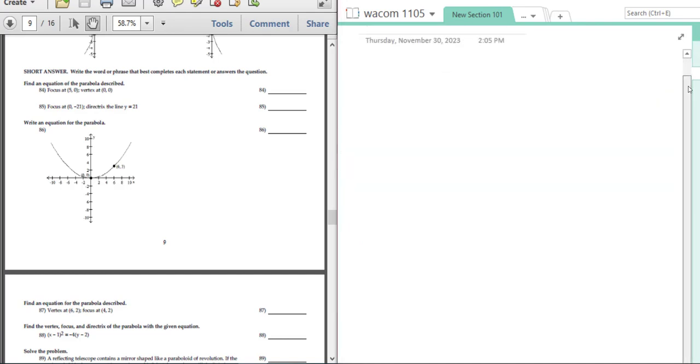All right, so let's go to another one. All right, so we'll look at 84. And they are giving us the focus is 5, 0. The vertex is 0, 0.